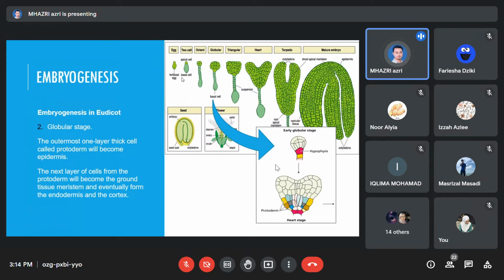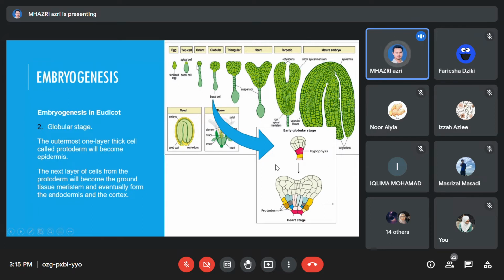So proto apa maksud dia? The initial stage. The next stage of layer cells from the protoderms will become the ground tissue meristems, and eventually it will form endodermis and also cortex. Okay, so this is the initial stage of globula.